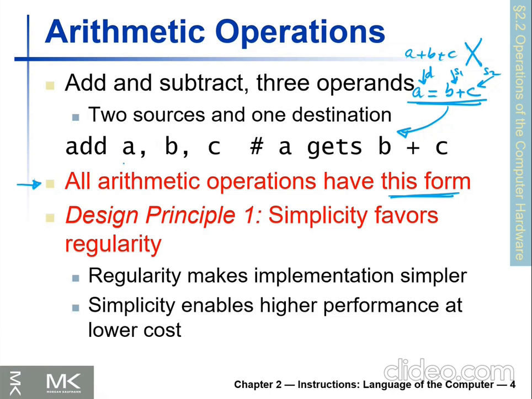And all of them use at most three operands. And why is this? Because this reduces the amount of hardware, or simplifies the design of the hardware, in your arithmetic logic unit, which is the module inside the processor that does the arithmetic.